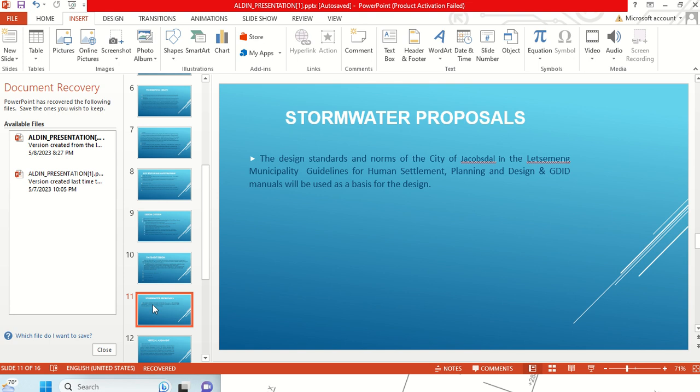For stormwater proposals, we have looked at the design standards and norms of the city of Jacobsdal in Letsemeng municipality, the guidelines for human settlement planning and design, and also the GDID manual, which will be used as a basis for this design.